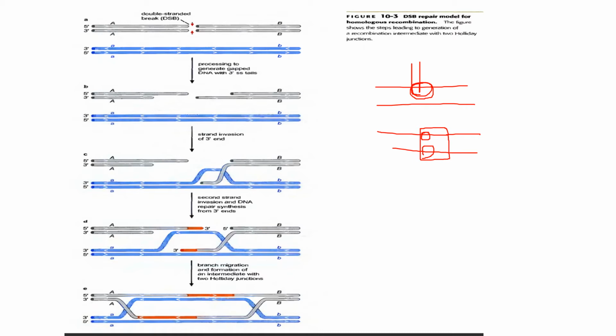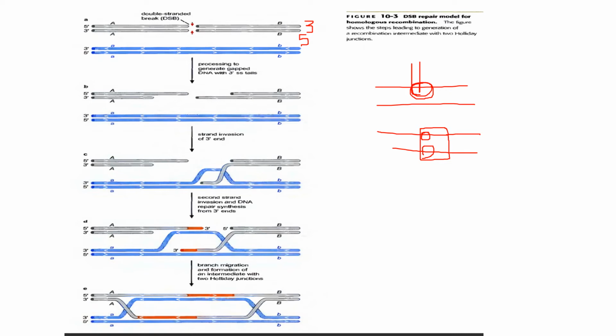Okay, now let's focus on the actual model. What are the different steps in this double-stranded break model? Let us consider these two strands of DNA, 5 prime at this end and 3 prime at the other end, whereas the complementary strand is 3 prime and this would be 5 prime. Now this is the damaged part.